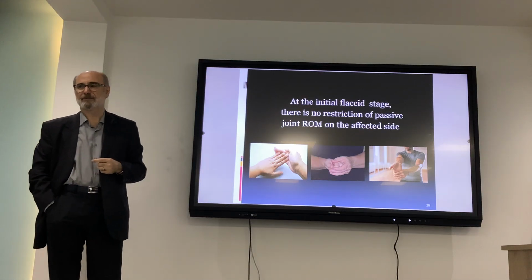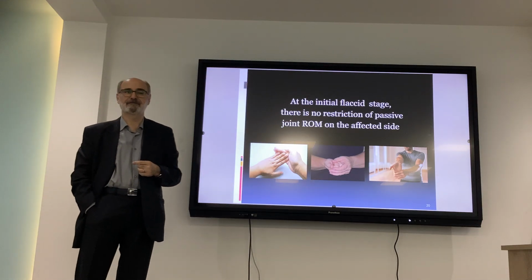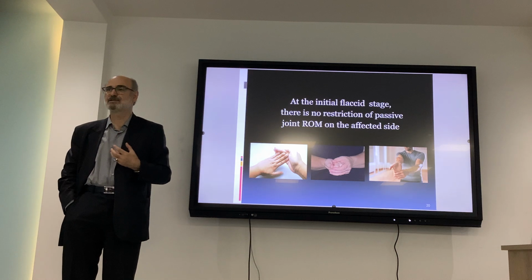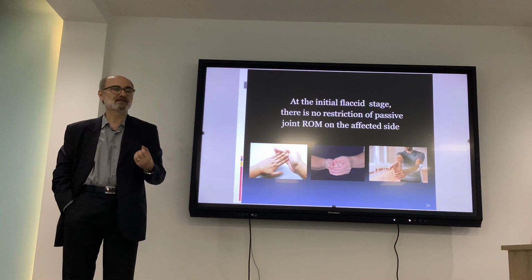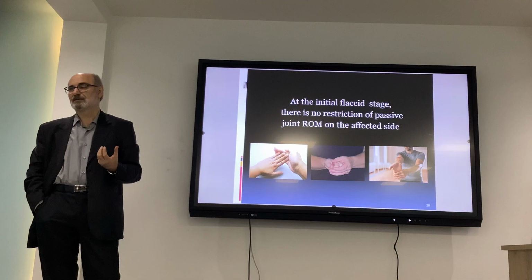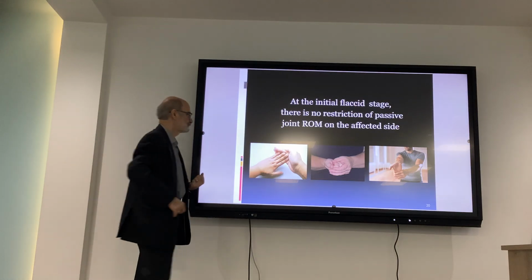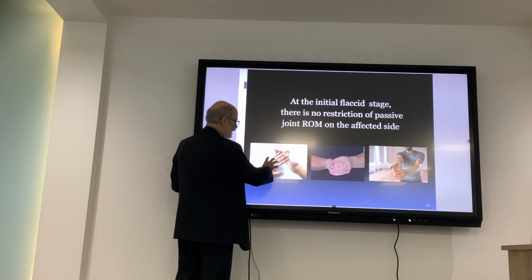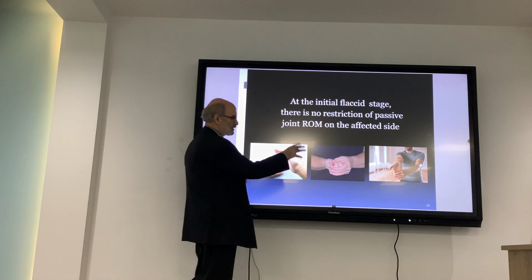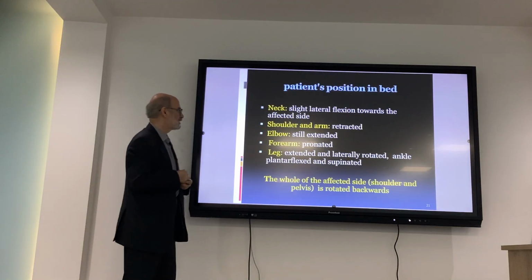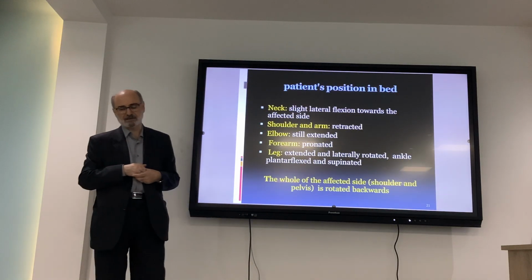Initially, at the flaccidity stage, there is no contracture. There is no restriction of joint range of motion on the affected side. Therefore, the ROM is complete on the affected side for all joints.